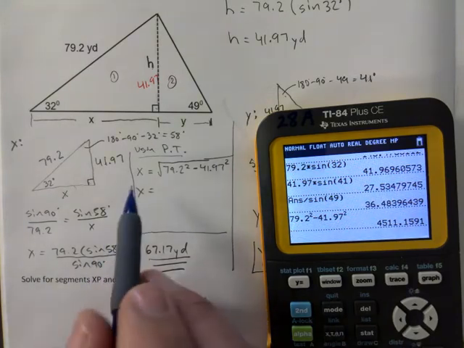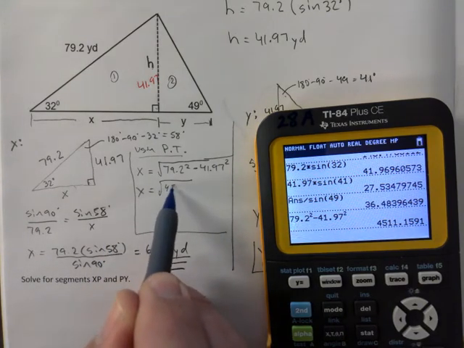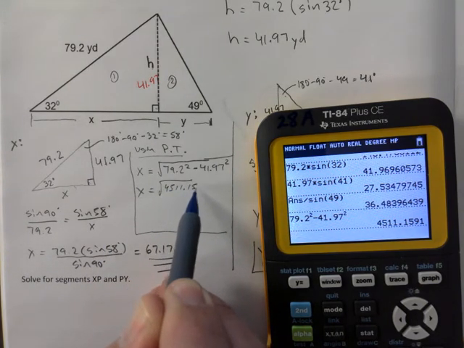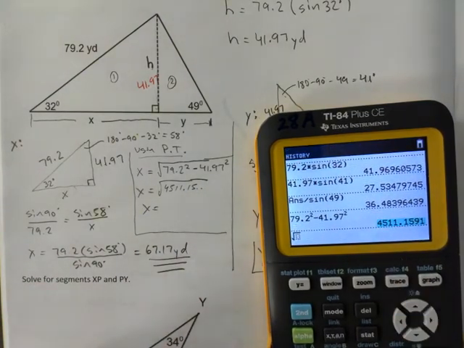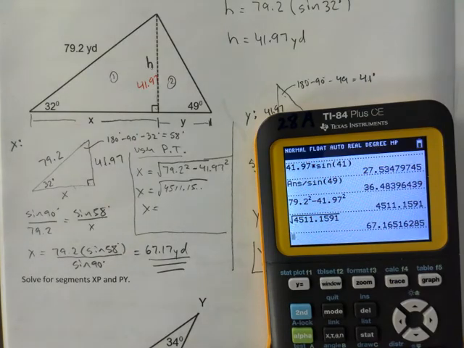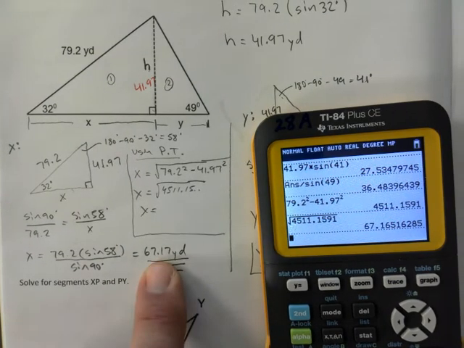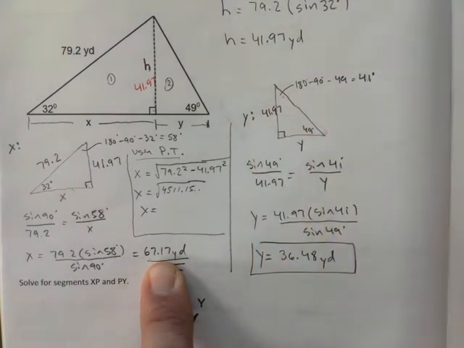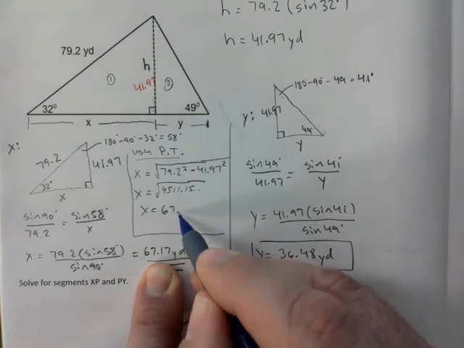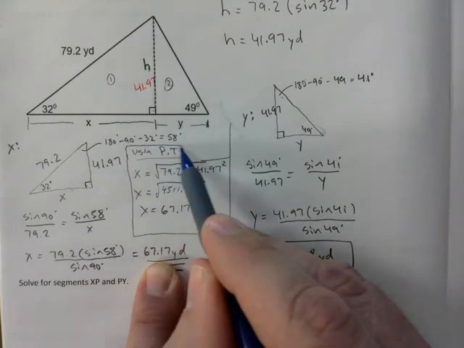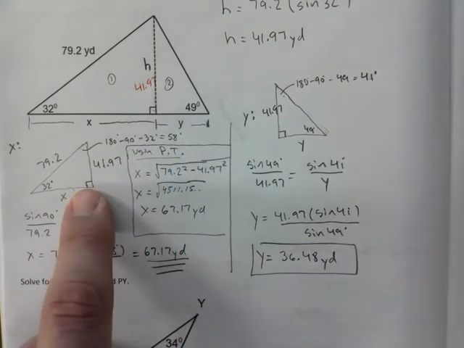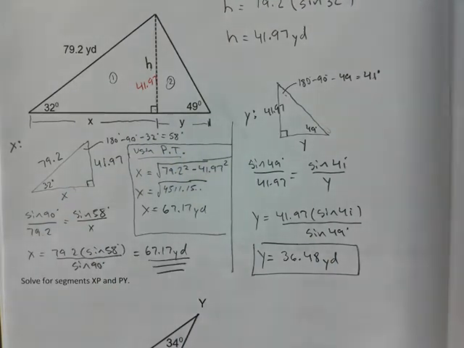So we take the root of 45,111,5, and that keeps going. And that is 6717, which is exactly the same. So absolutely feel free to use it. The only thing is you need to make sure it's a 90. Don't use Pythagorean theorem on just any case.